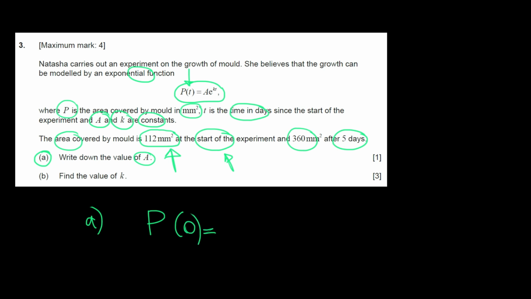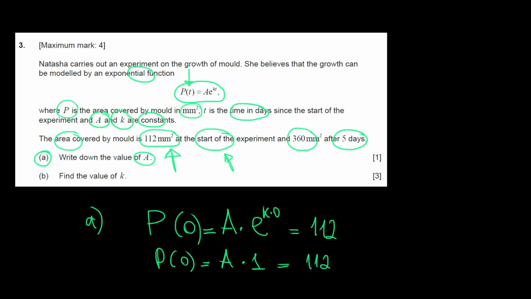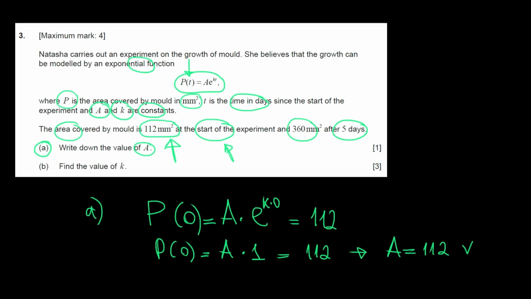P of 0 equals a times e to the power k times 0, which is equal to 112. So P of 0 equals a times e to the power 0, which is just 1. a times 1 is 112, which means a equals 112. We just figured out one constant, so that's nice.